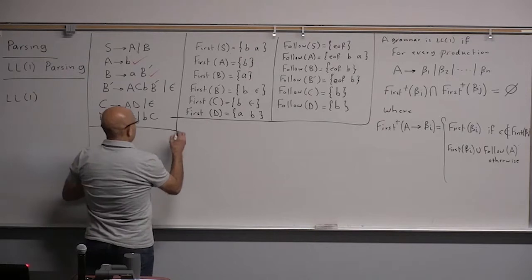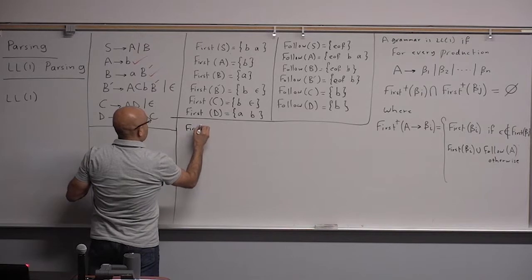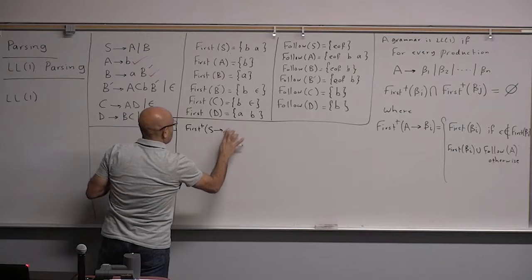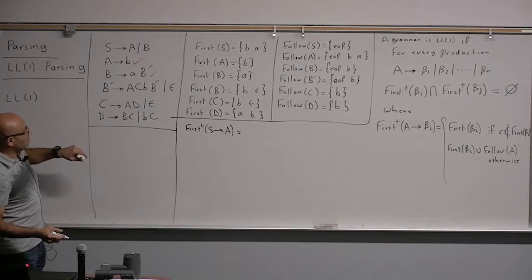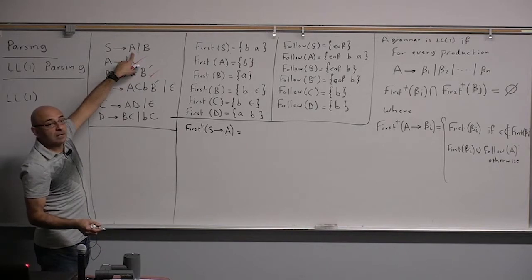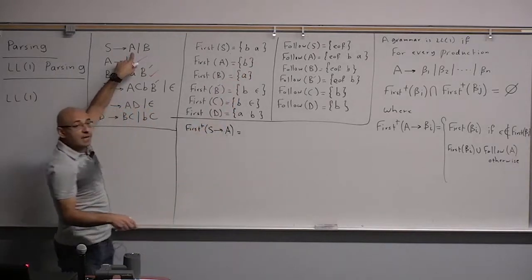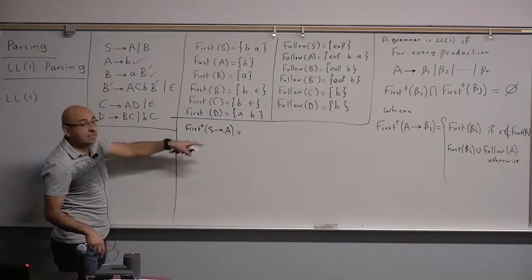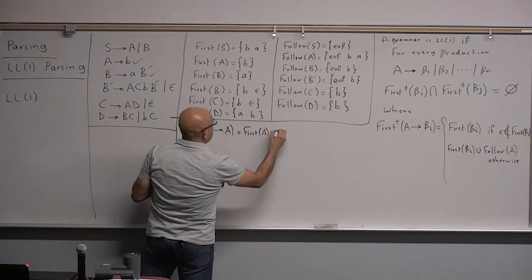So now we will look at first plus of S goes to A, and first plus of S goes to A. Now the question is, does A have an epsilon in its first set? The first set of A has a B, it does not have an epsilon. So the first set of this is only the first set of A, which is B.